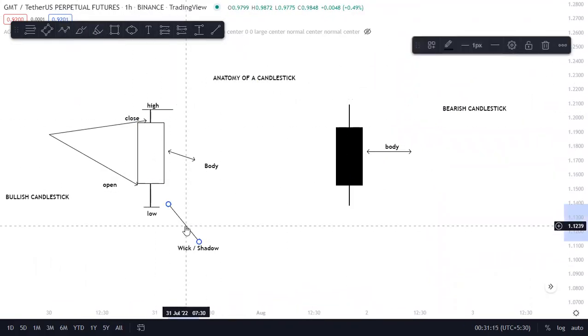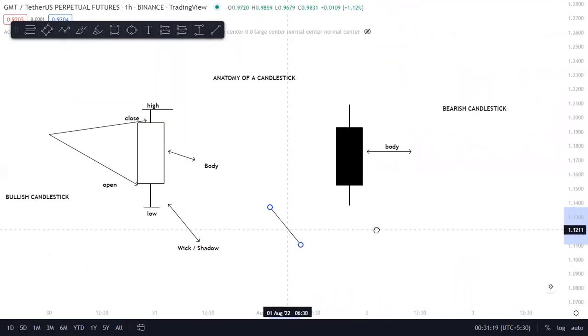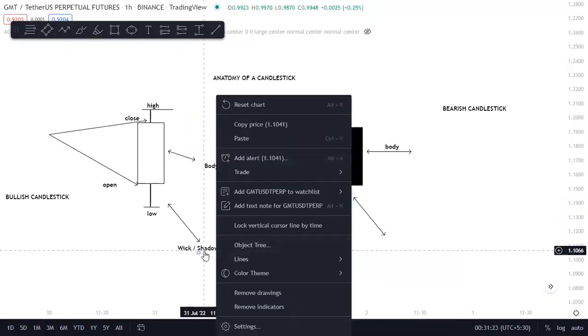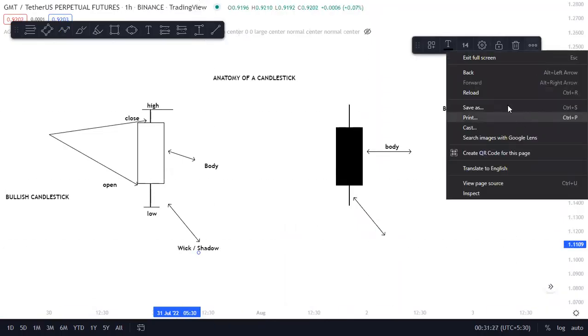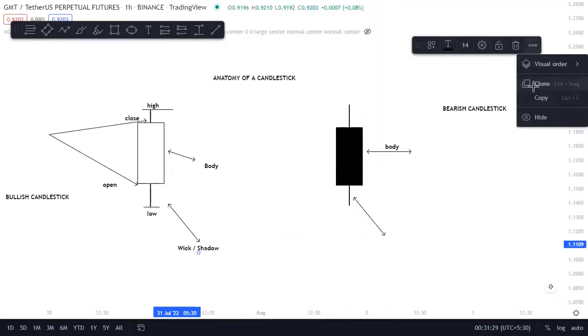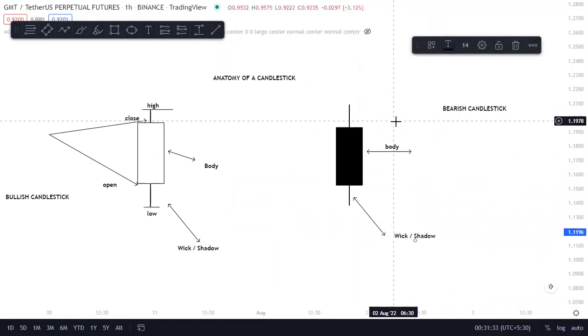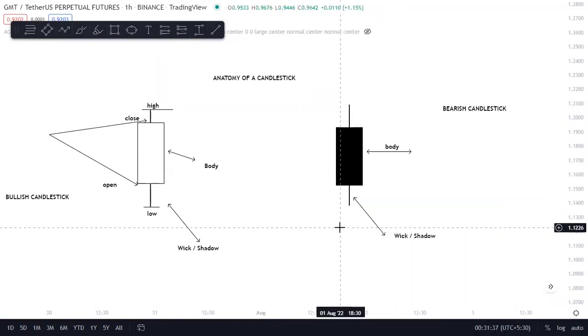Remember, the wick or shadow, this one here, right? Same as this one at the top, but let me mark it there so you could grasp also.